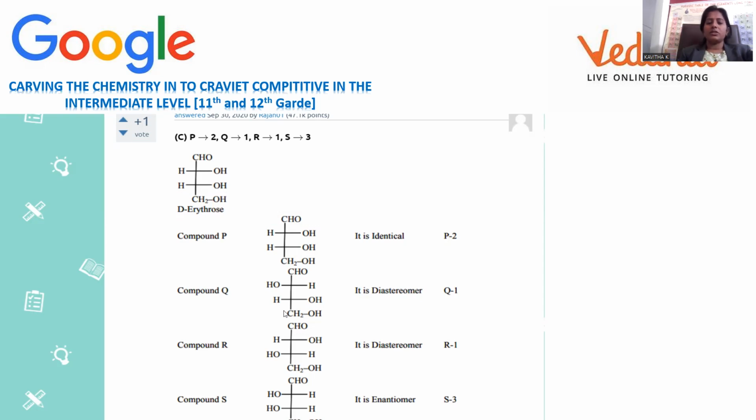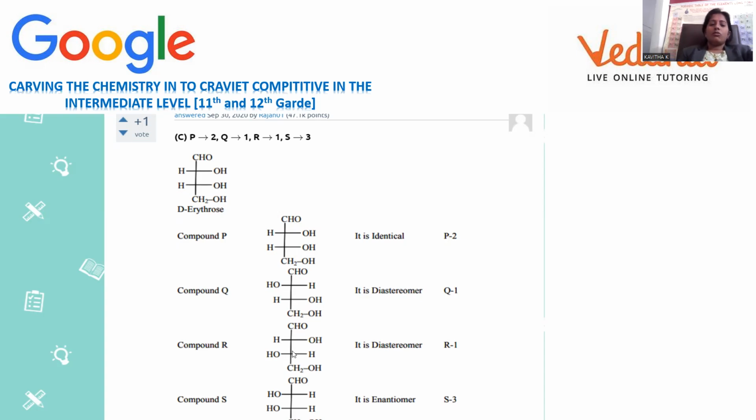Also, mirror image reflection is not there, so we can say erythrose and Q are diastereomers. And compound R, it is the kind of representation where the second carbon OH is on the right side and the third carbon OH on the left side, just the reciprocal of this one, just inverted second and third carbons of compound Q.